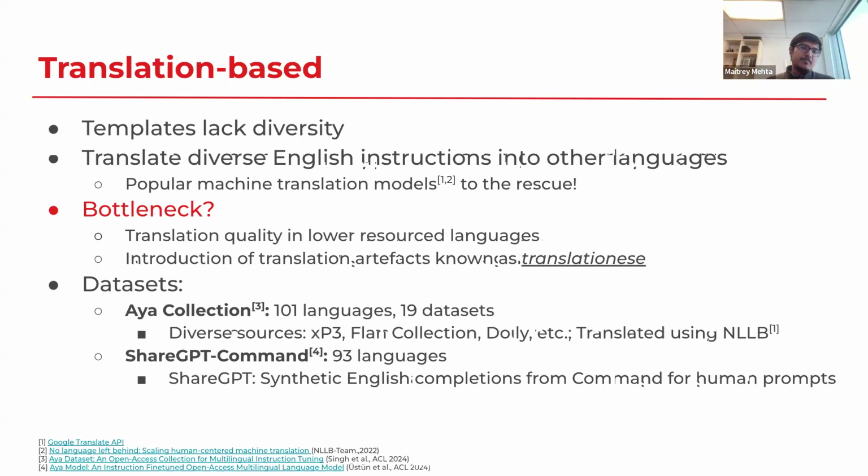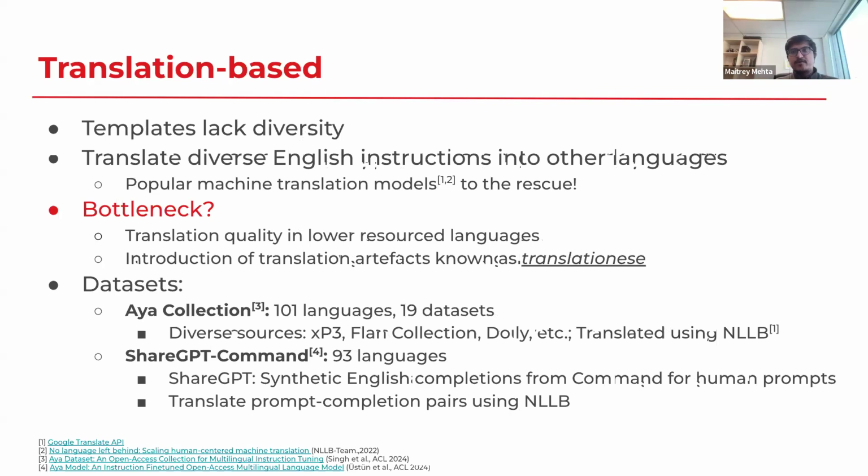And what they did was they picked the prompts, the user inputs that were there in the dataset, and they used their own in-house system to generate an answer for it. And they then translated it using the NLLB model, which is Meta's model that I was talking about. So there's this translation-based approach, which differs from the template-based approach for instruction fine-tuning.